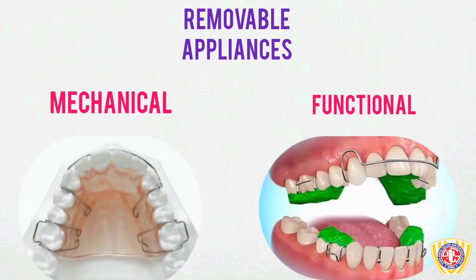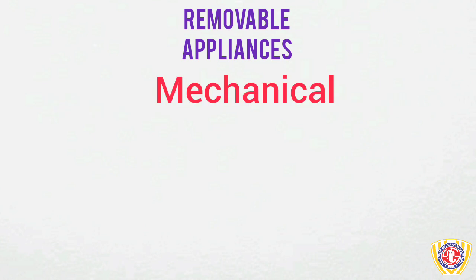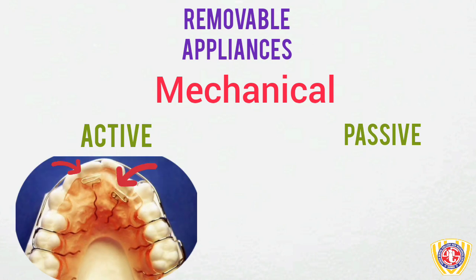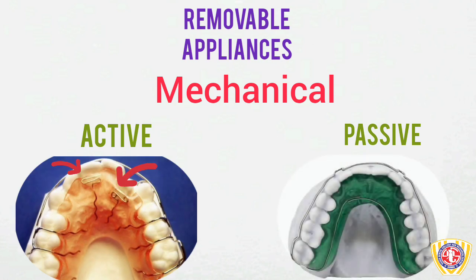Mechanical appliances bring about movements mechanically, while functional appliances make use of bodily functions to bring about movements. Any appliance can also be classified into active or passive, wherein an active appliance is one that brings about movement and a passive one avoids any unnecessary movement.